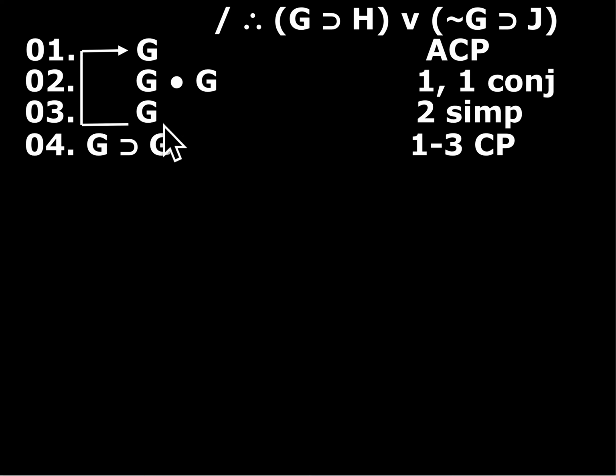Also, there's a slightly more elegant way I might have done this, just to show you this before I continue with the proof. I might have assumed G, ACP, just like I did here on line 1, and then said, oh, what's my goal now?